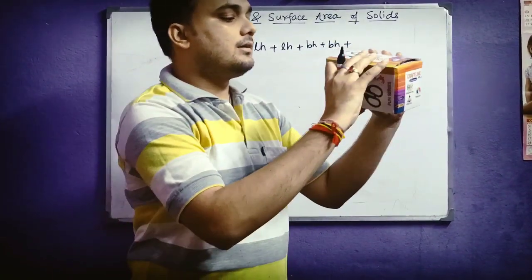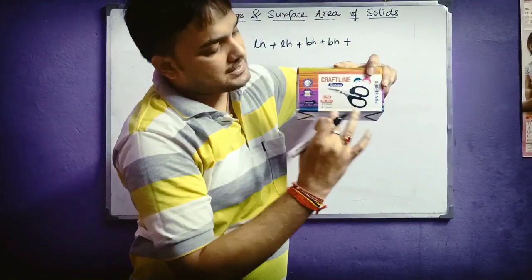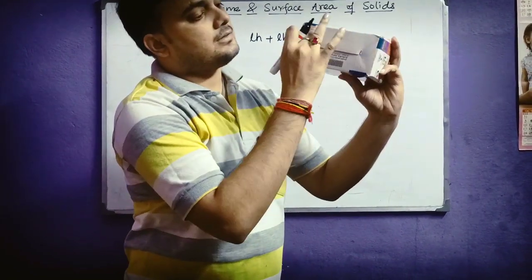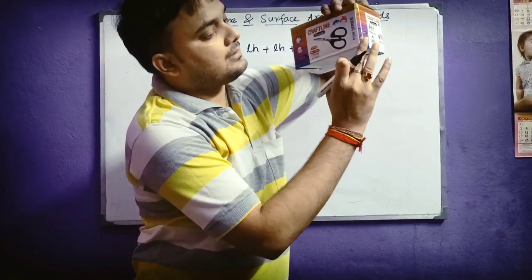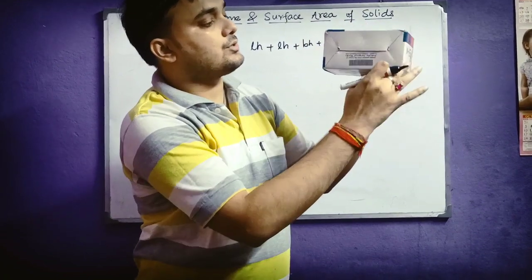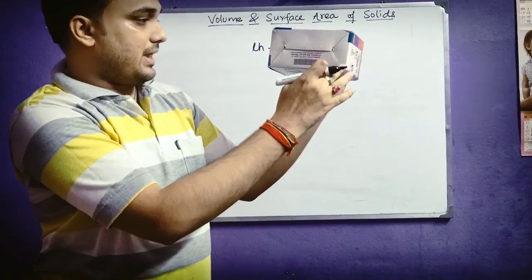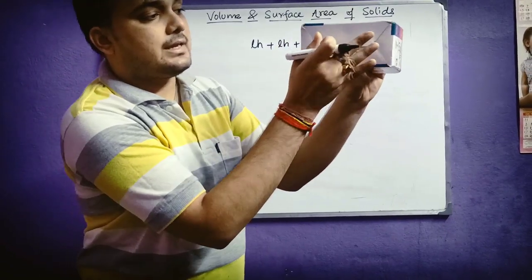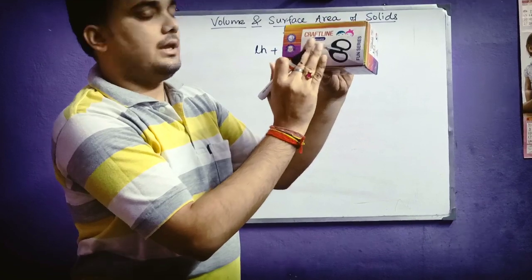And then you see this one, this is the length and this is the breadth. Similarly, this area will be length into breadth, and hence this area will also be length into breadth.